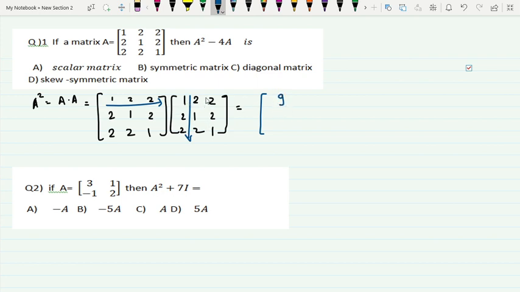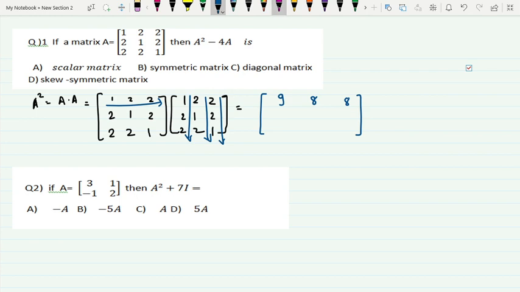Then first row into second column: 1 into 2, 2 into 2 is 4, and 4 into 2 is 4, 4 plus 4 is 8. Then again first row into third column, so 2 plus 4 plus 2. So again we are getting 8.